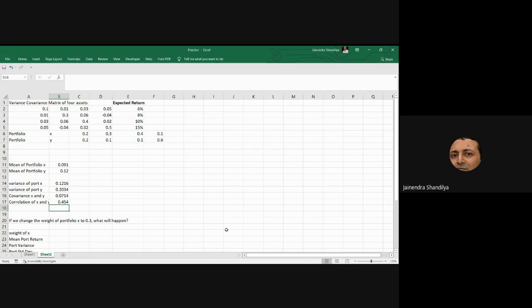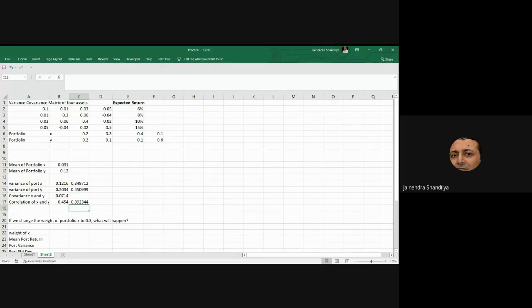So correlation is 0.454, which seems to be correct. Let me just check once again. So the square root of this number is this, and I drag this down. Okay, so here if I calculate again correlation, divide this by this into this variance.